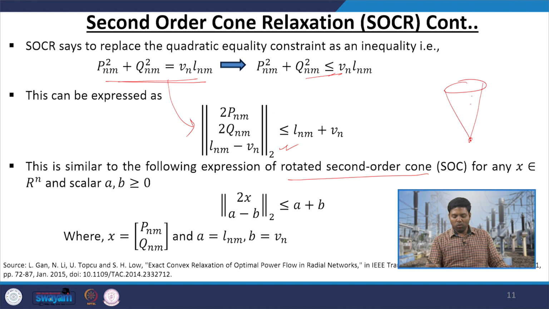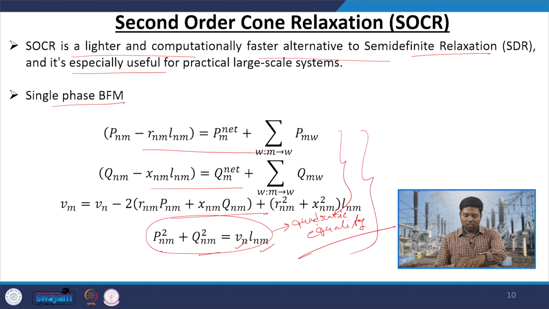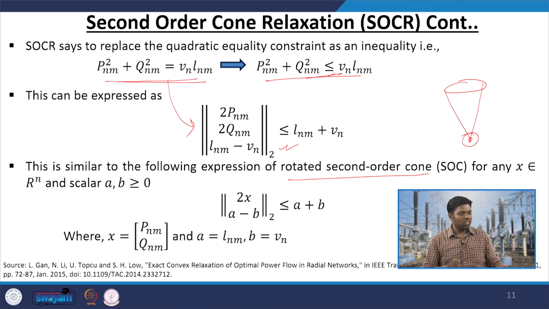So, if you go through this second order cone and solve the problem, then you will get only a unique solution for your convex problem, and then you are imposing an inequality with a convex, because these equations are your linear, only this is your non-convex. Now you have converted that non-convex and replaced it with a convex expression, then your overall problem has become convex. So if you solve it, then the solution you will get, that is a unique solution.